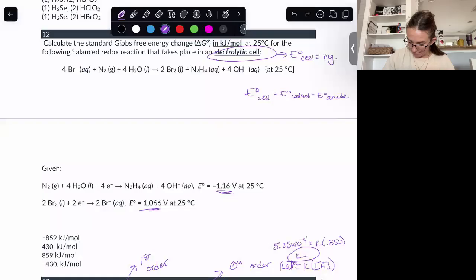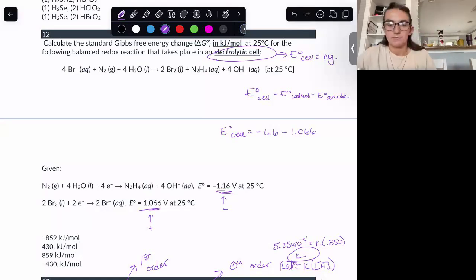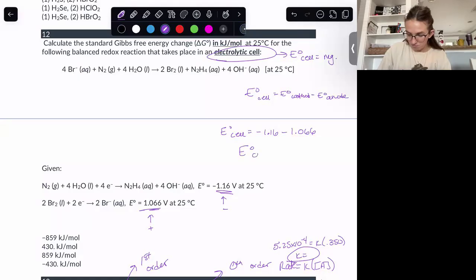So when we're looking at our values, we see that we have a negative 1.16 and a positive. So to make E naught cell the most negative, it'll be negative 1.16 minus 1.066. If we did it opposite, then we would get a positive 2.226. But in this case, we get a negative 2.226.